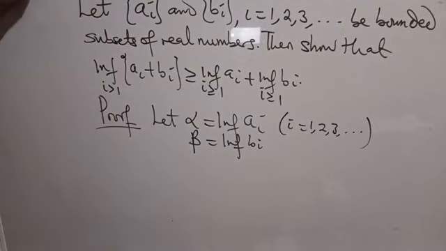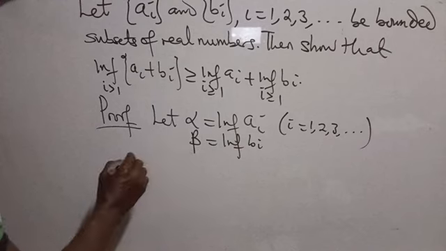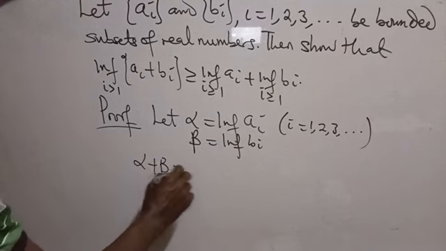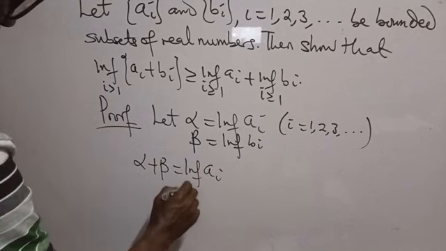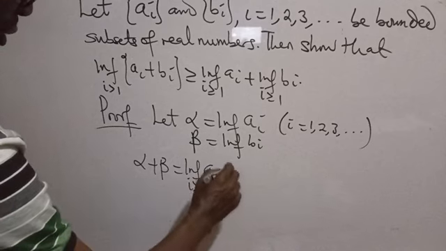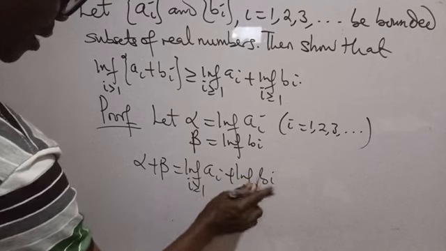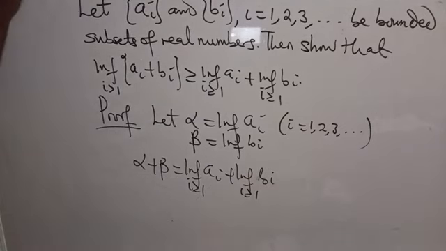Okay. Now, when we add the equations together, the first and the first one, second and second one, alpha plus beta is equal to the infimum of A_i, where i is greater than or equal to 1, plus the infimum of B_i, and also i is greater than or equal to 1.